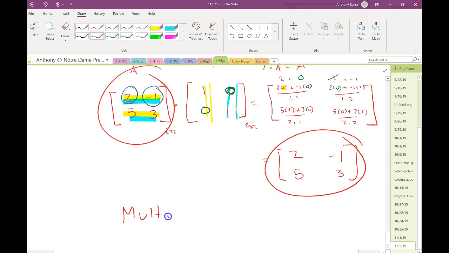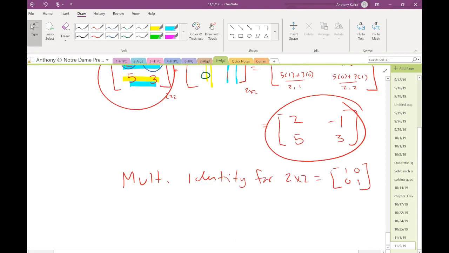So I can say the multiplicative identity for 2 by 2 is this matrix: 1, 0, 0, 1.